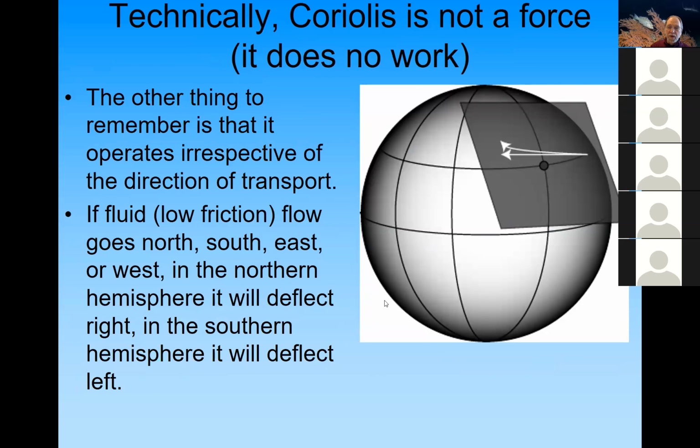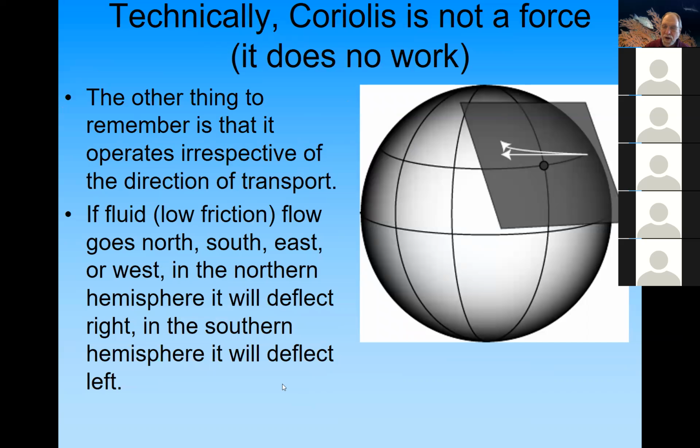So, we've been talking about the Coriolis force, and it technically is not a force, and I'd be remiss if I called it a force, because physical oceanographers get very fussy about that sort of thing. It doesn't really do any work, but it's just an apparent deflection that we notice because we're living on this sphere.